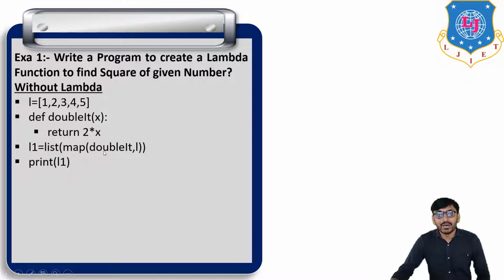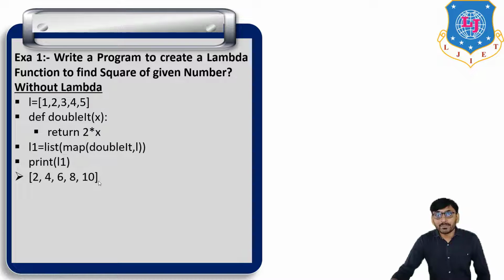Here the function is double it and the sequence is L. Okay. Then print out L1. So if we print out L1, then the answer is 2, because 1 into 2 is 2, 2 into 2 is 4, 3 into 2 is 6, 4 into 2 is 8, 5 into 2 is 10.